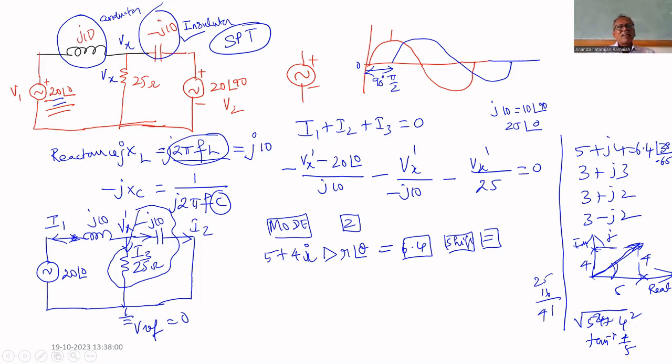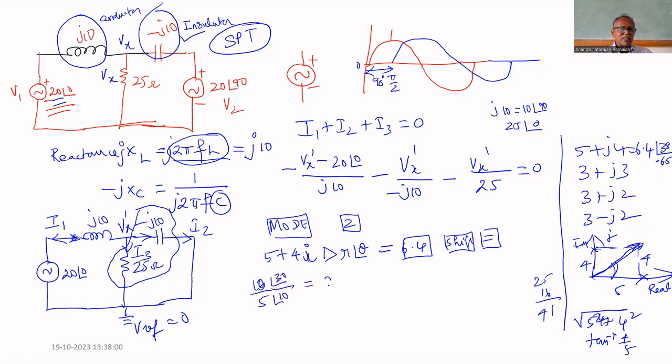Why it is required: if you want to add two complex numbers, they should be in rectangular form. If you want to divide two numbers, they should be in polar form. Suppose I have 10 angle 30 divided by 5 angle 10.